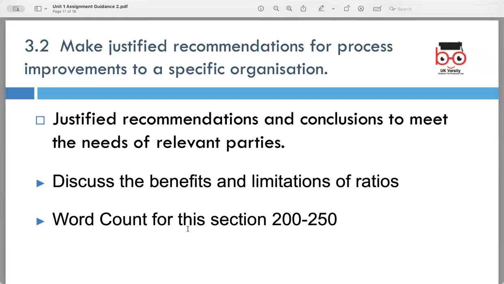So you need to provide justified recommendations based on the analysis of accounting records, considering the needs of relevant parties. So you have to discuss the benefits and limitations of using ratios for this purpose. Again, the word count for this section is 200 to 250 words.